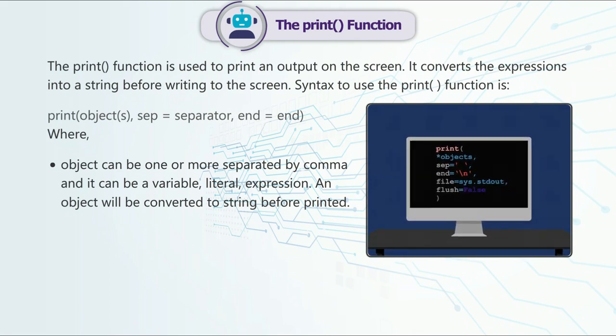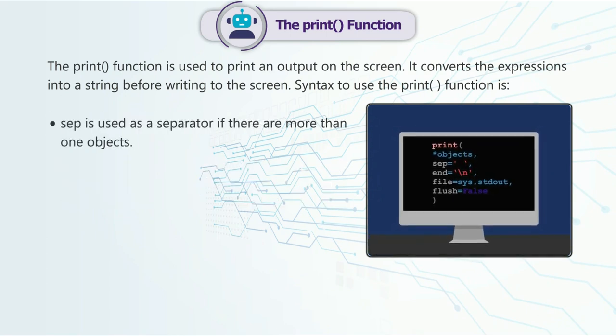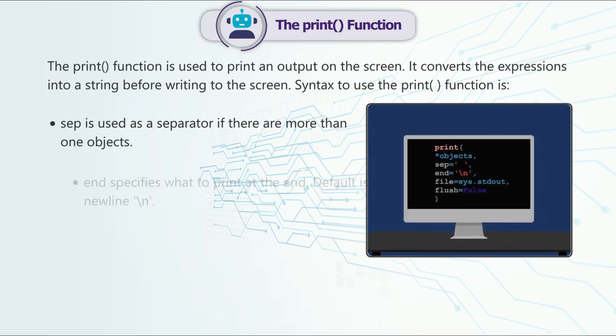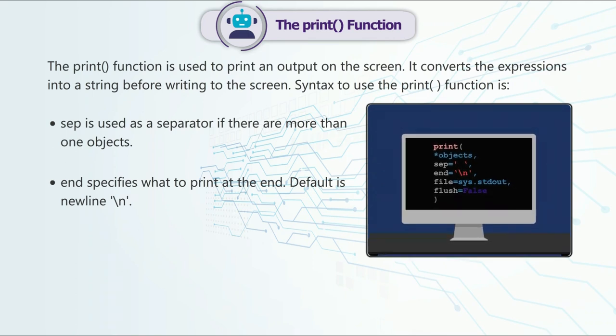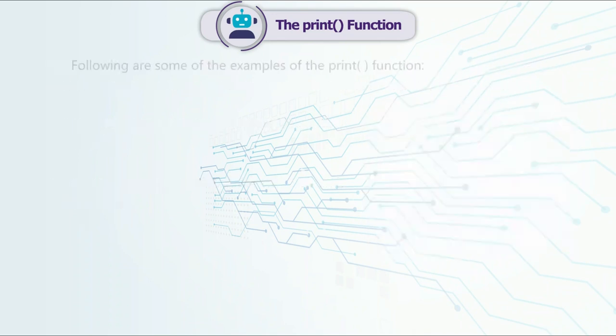An object will be converted to a string before being printed. sep is used as a separator if there are more than one object. end specifies what to print at the end. The default is a new line, \n.